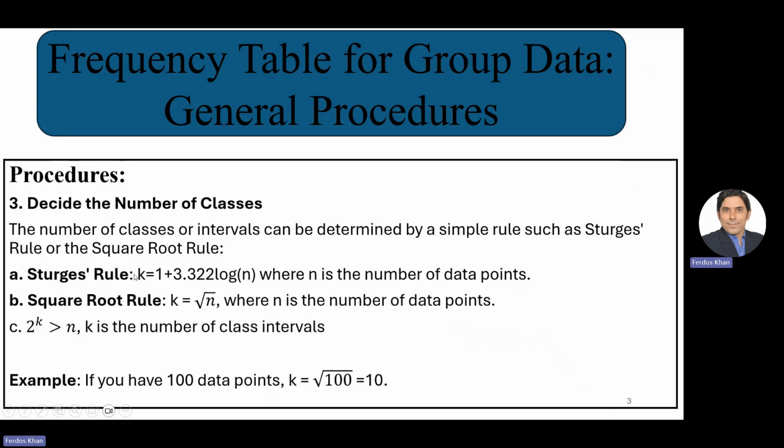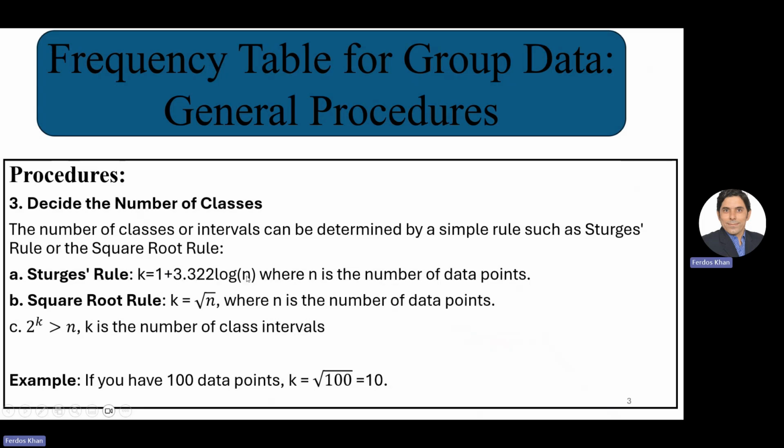Sturges rule: k is equal to 1 plus 3.322 log n. K is the number of classes or groups, log is the logarithm, and n is the total number of data points. You can calculate the number of classes k by using this expression, 1 plus 3.322 log n.